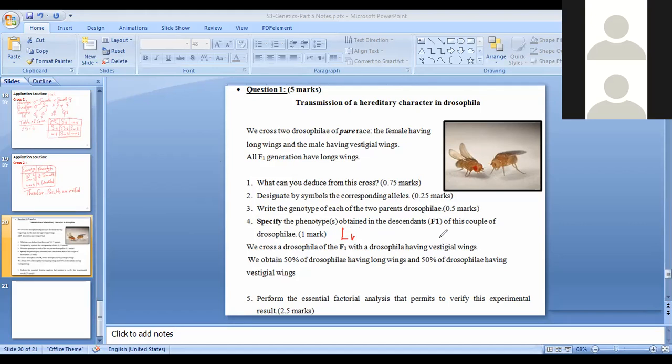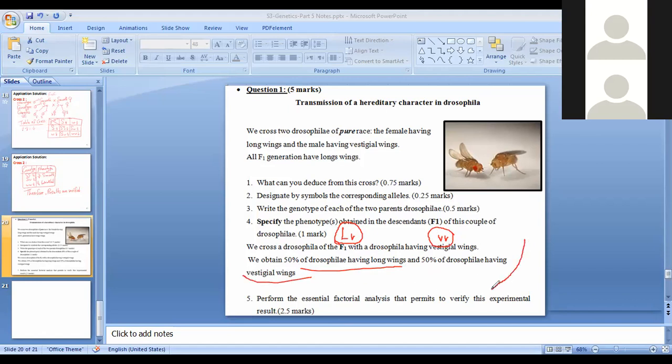Can you explain this? Because it's recessive and should be expressed only in homozygous state. So here we cross the F1 long wings, genotype LV, with vestigial, VV. So here we get 50% long wings and 50% vestigial.